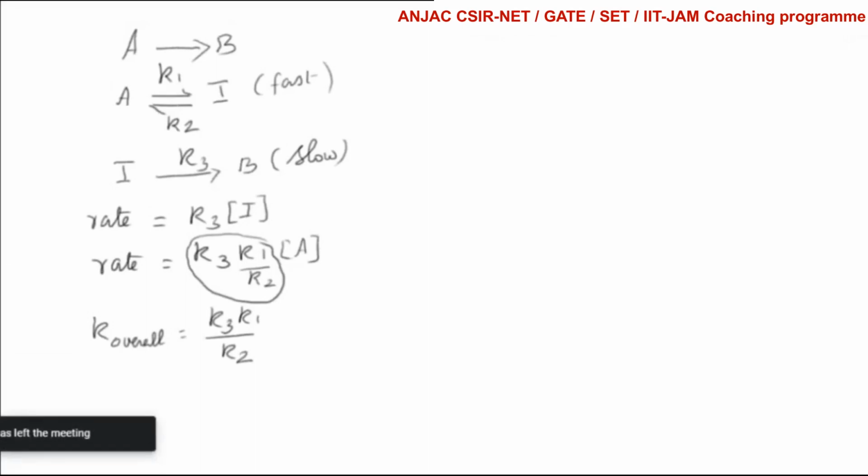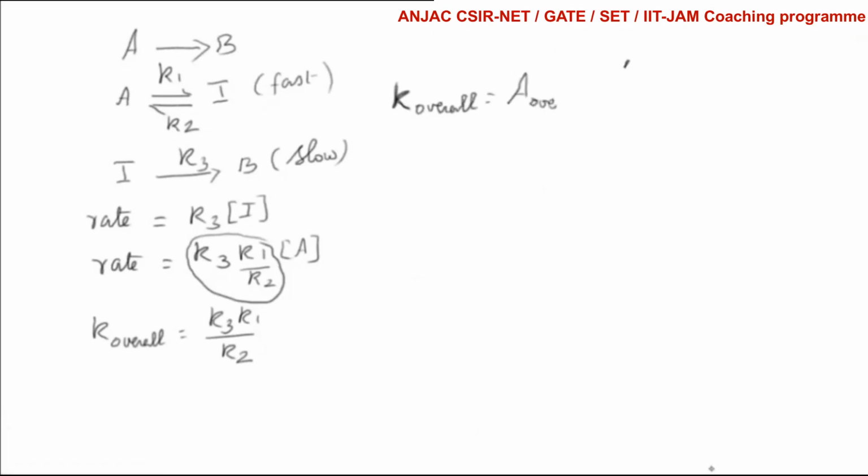For which you should apply K overall is equal to A overall into e power minus E overall by RT. How to find out K overall? Write down K3 is equal to A3 into e power minus E3 by RT.